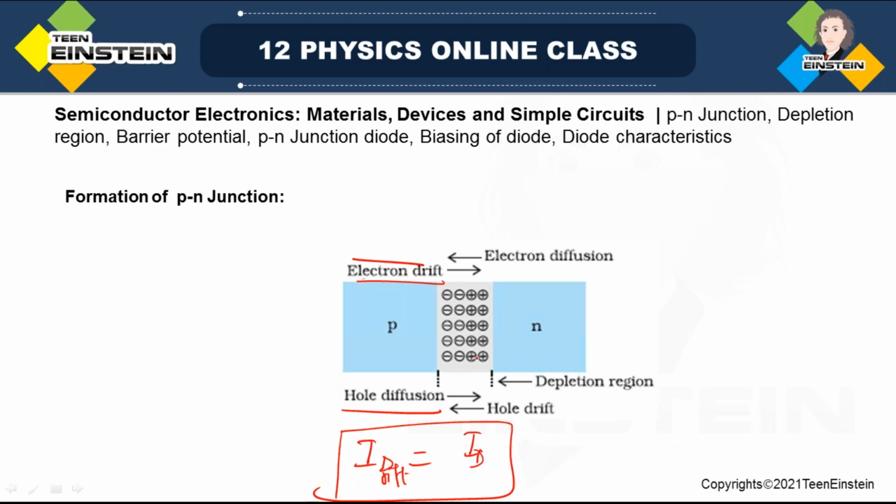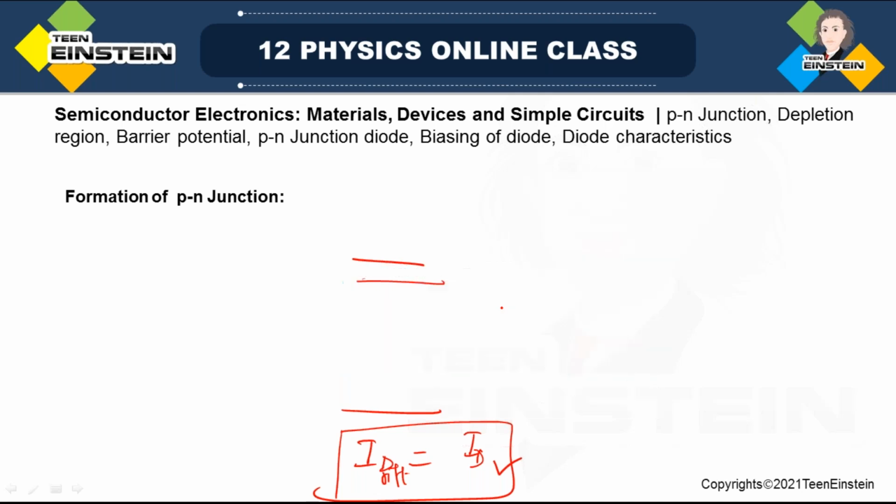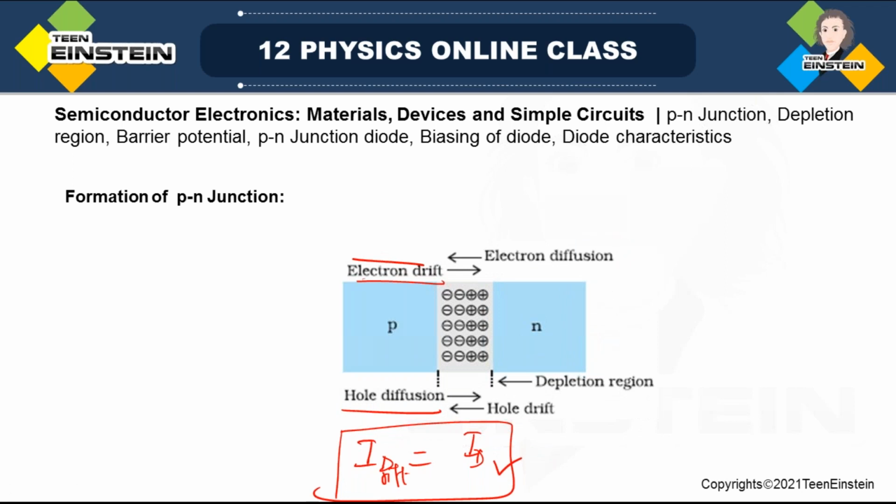So at the junction, when the drift current and diffusion current are the same, then equilibrium is established and there is no charge carrier passing from one side to another. Okay, so we have learned what are the things happening while formation of PN junction.